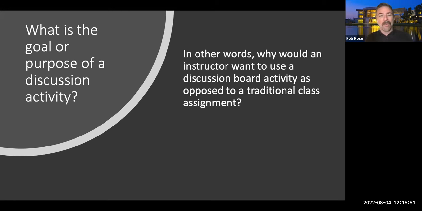It's a scenario where I'm left out on my own in a silo, left to digest content on my own. And so the two reasons I mention for the purpose of these discussions are that it supports social constructivist learning, and it also combats the tendency towards isolation that can often occur in an online environment.